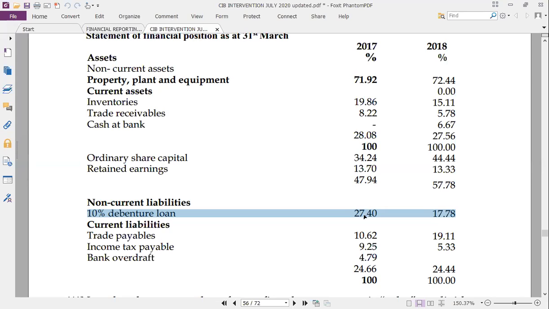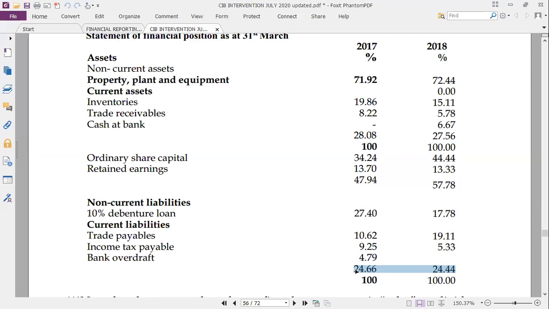Then if you pick the current liabilities too, tell the examiner that 24.66% of the total asset is being financed by current liability, and this remains almost the same in 2018. Full stop.